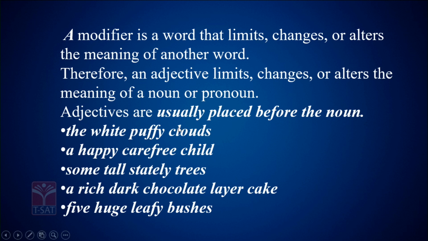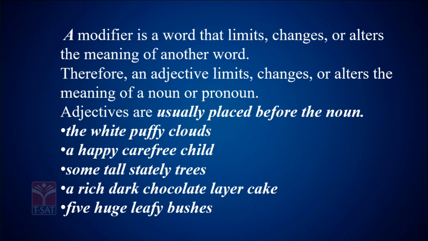See here some of the examples which are being given here for your reference. The white puffy clouds, a happy carefree child, some tall stately trees, a rich dark chocolate layer cake, five huge leafy bushes.